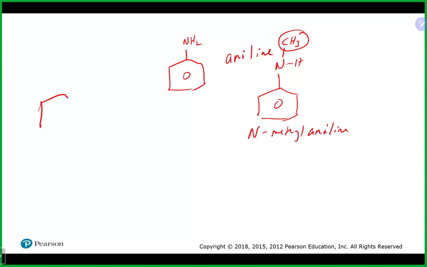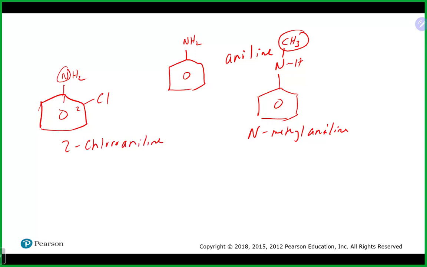And we still could have groups attached to the carbon, like here. This would then be a number situation where the nitrogen's attached carbon would be carbon number one, and that'd be carbon number two. This would be 2-chloroaniline in this case.